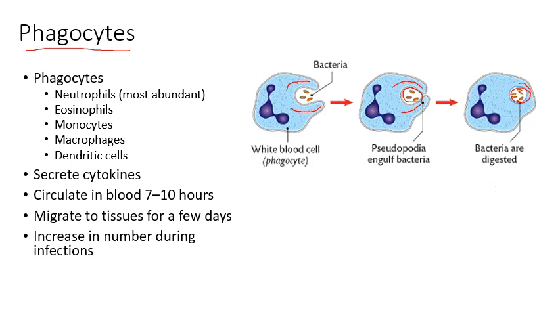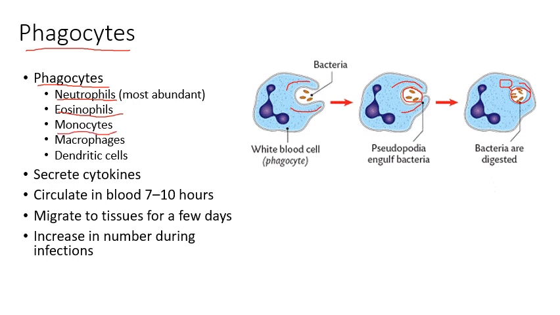These phagocytes typically have other vesicles that will merge, that have enzymes that can break down whatever the pathogens are.